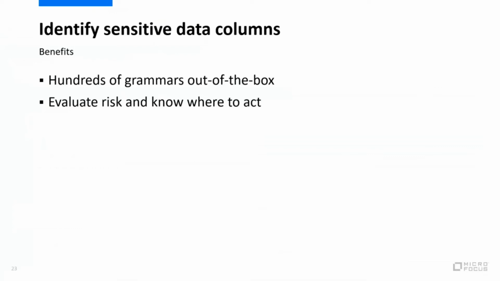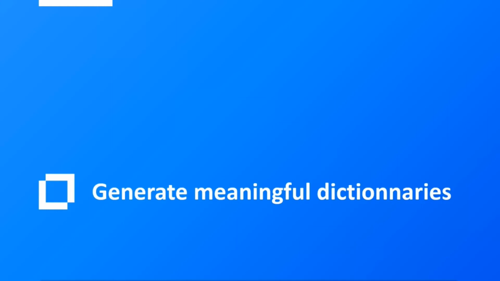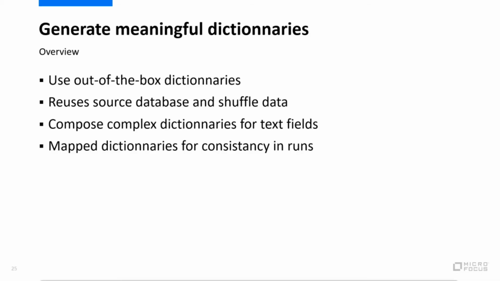Voltage masking solution allows to generate dictionaries of data to use for our masking functions. So in this demonstration, we will see how we can use the out-of-the-box dictionaries. We also see how we can reuse the data in the source database, shuffle it in order to generate new dictionaries that look even closer to the data that we have in the source.